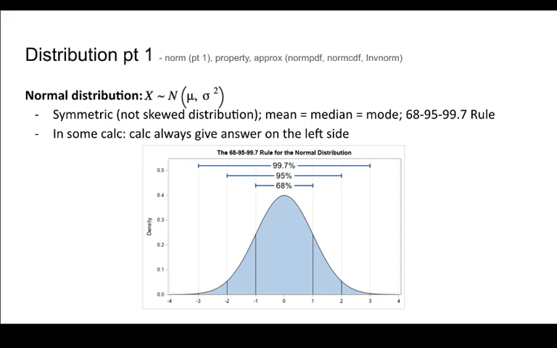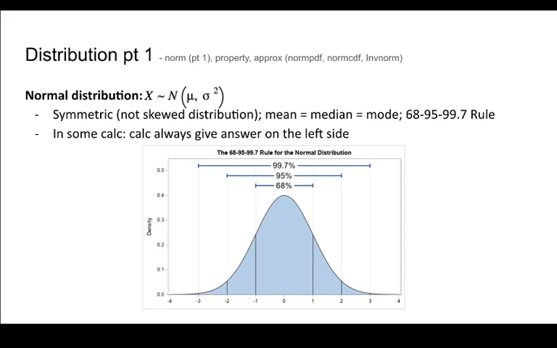Normal distribution is a special distribution where the distribution is symmetric. So this bell curve thing is affected by the mean and the standard deviation.